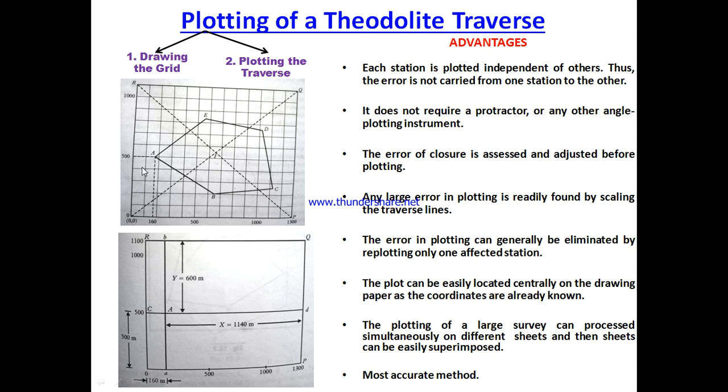So here, this value, 500, we will take, and we will mark the point in such a manner that it cuts this particular line. Suppose this line is AB, this particular line, somewhere here.